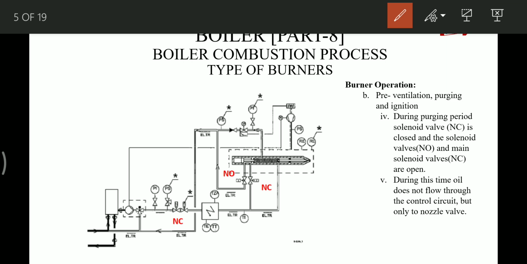During the purging period, the solenoid valve which is normally closed is closed, that is this valve, and the solenoid valve which is normally open and the main solenoid valve which is normally closed are open, like this valve and these two valves.